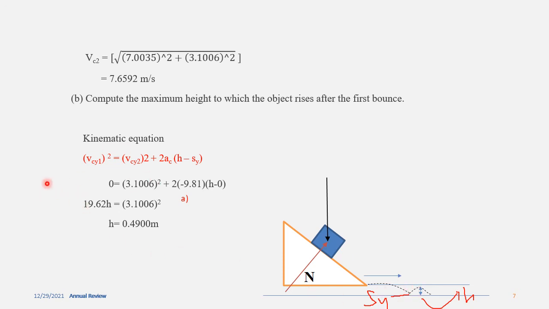The equation we derive back: VCY1 equal to 0 because it starts from the origin, equal to 3.1006 is the VCY we found from the other slide, plus 2 in bracket negative 9.81 for the acceleration, and bracket h minus 0 because the sy is 0, and we get 19.62 h equal to 3.1006 squared, and h equal to 0.4900 meter.